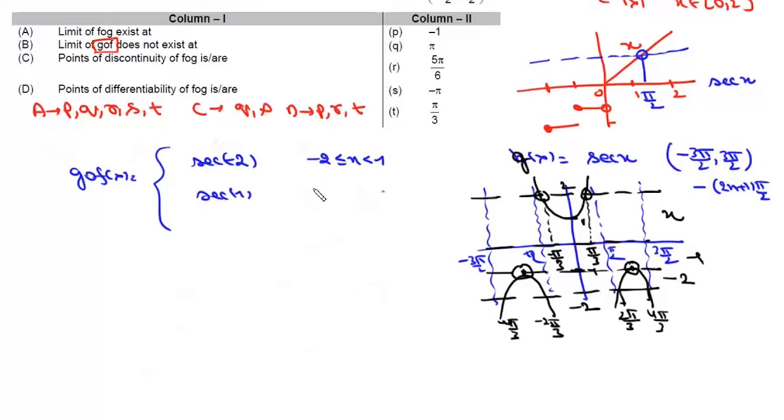It will be secant(x) minus 1 when x lies between minus 1 and 0, and it will be secant x when x lies between 0 and 2 except pi by 2. Now this limit does not exist at minus 1, and at all the points it is defined. So this b matches with p, and that is the answer to this question.